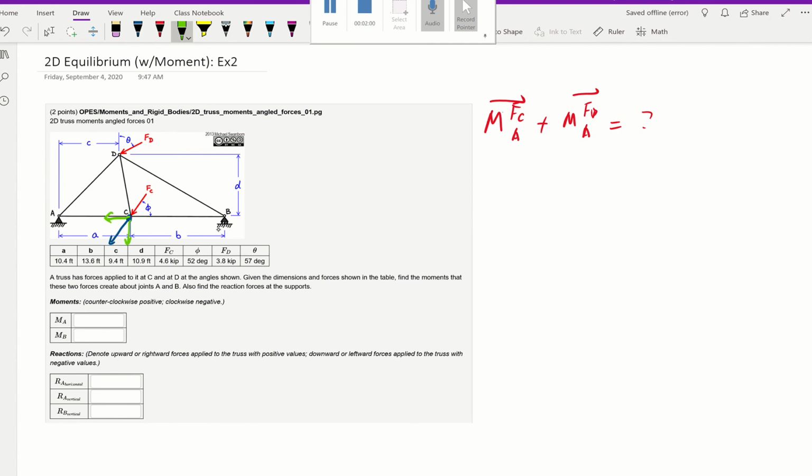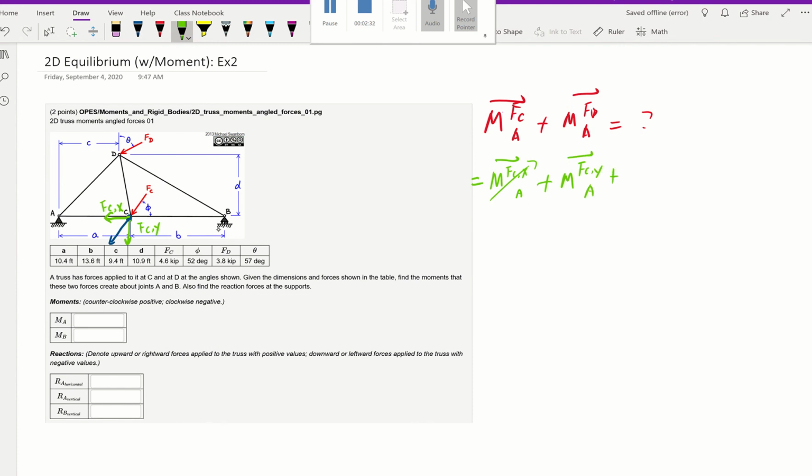Then if you look at it, FCX goes through point A, so the moment will be 0. So all we need to worry about is just FCY rotating about A.